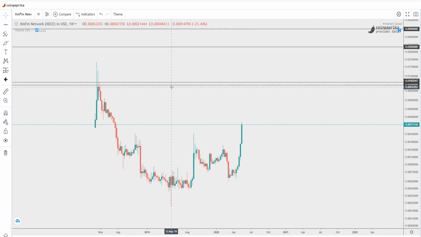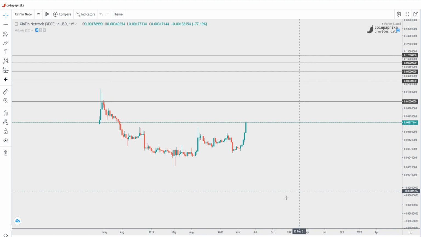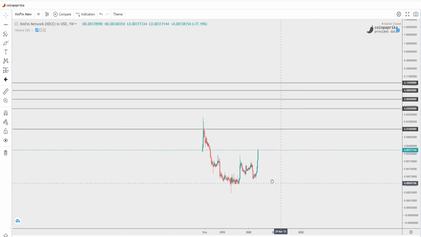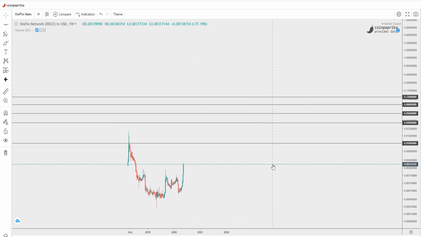And okay, let's go. Let me take out this one here. So let's get back to the bigger picture. Okay, let me check this. Okay, so this range here, as you guys can see, it's a little bigger than the other ones.